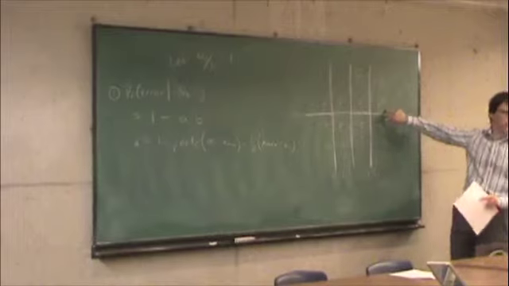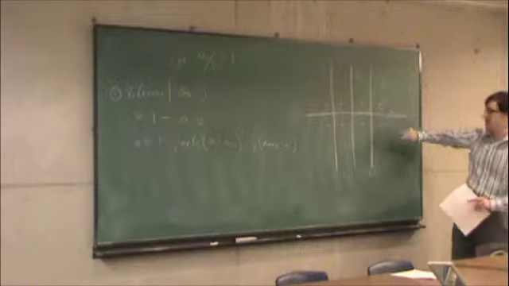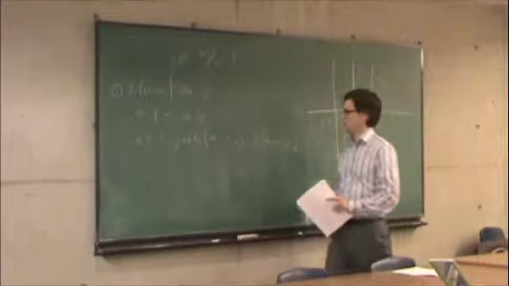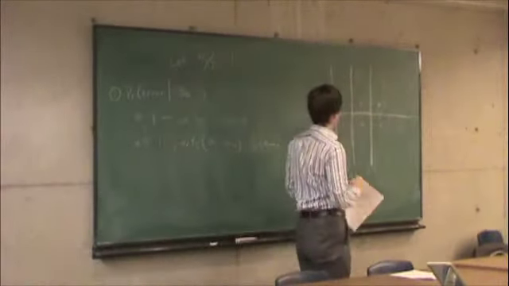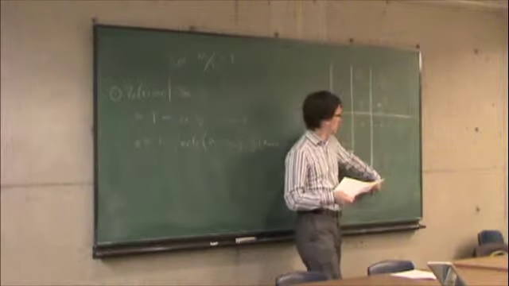For S0 in particular, what is alpha I? Alpha I is the x coordinate, which is what? 3. It's located at 3 in the x coordinate. So alpha I equals 3. What is x min? 2. What is x max? It's infinity.